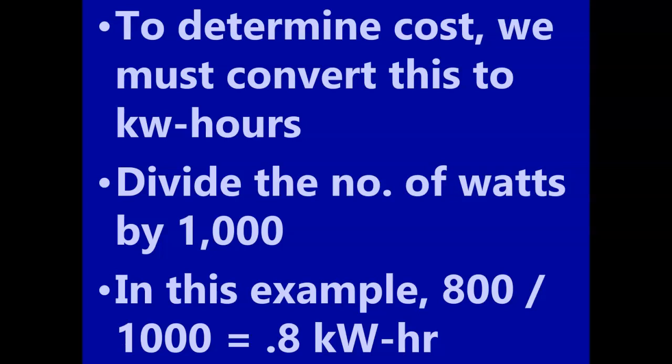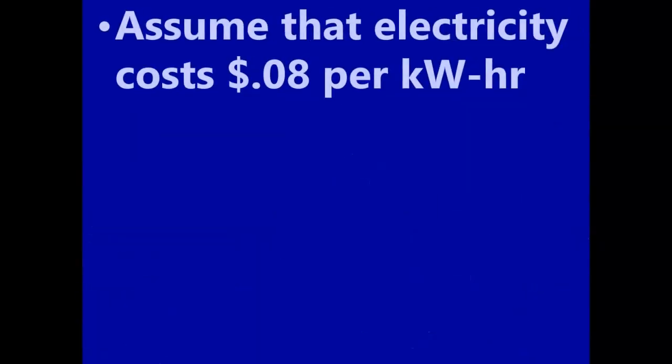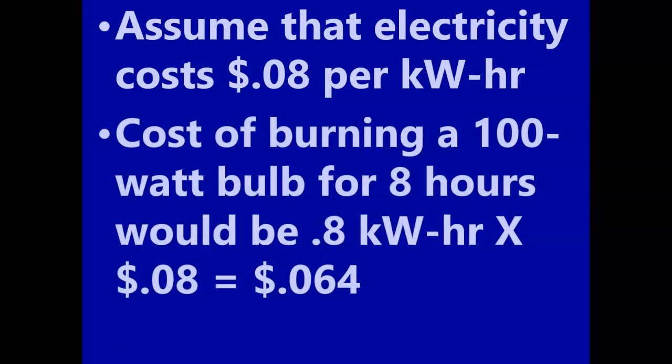So realistically, you're going to use 0.8 kilowatt hours for that light bulb. Assuming that your electricity costs 8 cents per kilowatt hour, which is a little low, but for the sake of this example, it's just fine, you're going to take that 0.8 kilowatt hours times 8 cents, and it's going to cost you a little over 6 cents to use that light bulb.